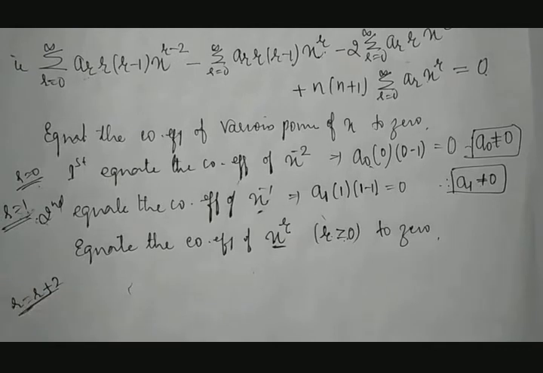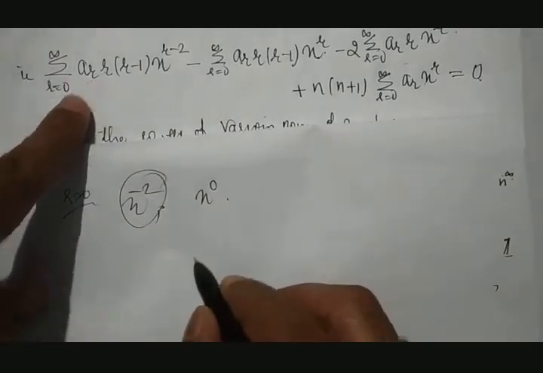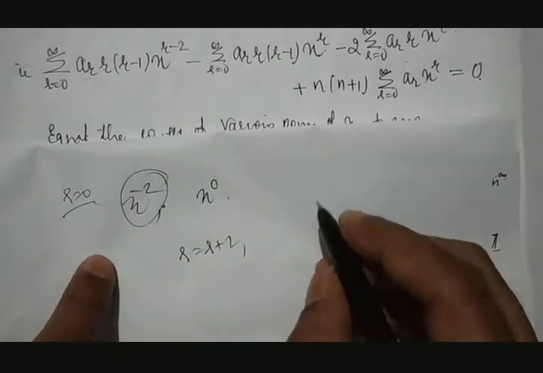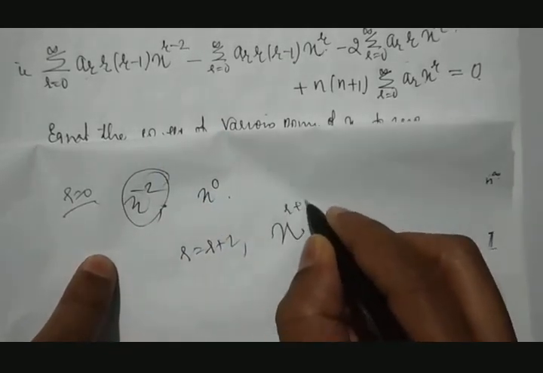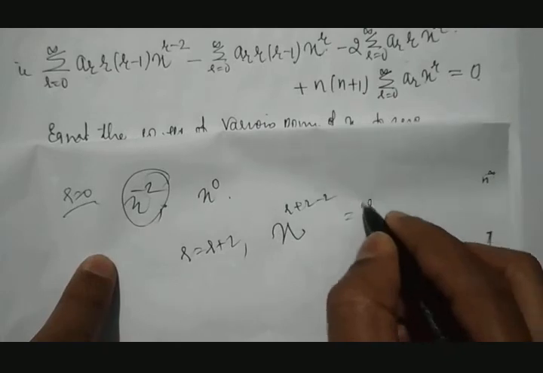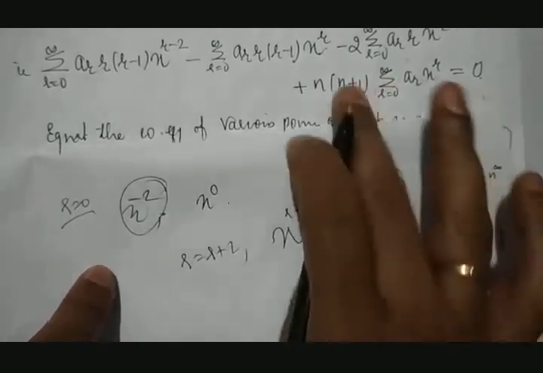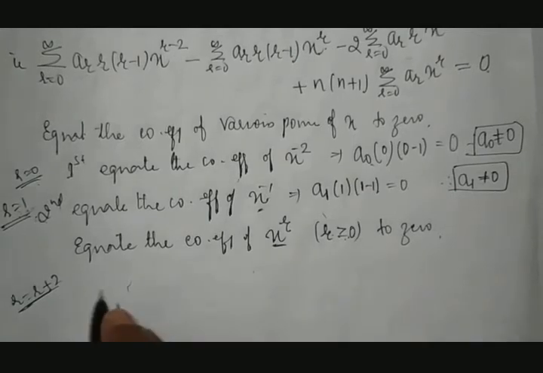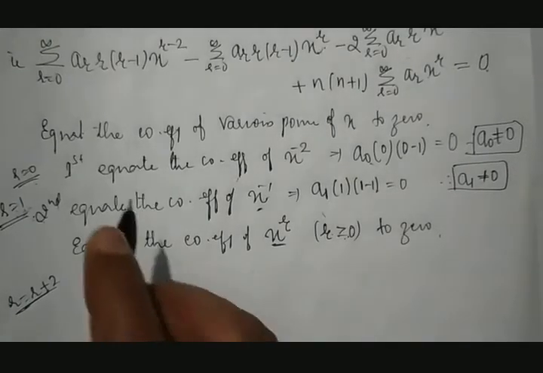You can see here, if you put r equal to r plus 2, then it becomes x raised to r plus 2 minus 2. Therefore, it is x raised to r. This will be the requirement as per this. Therefore, we put r equal to r plus 2 in this equation.